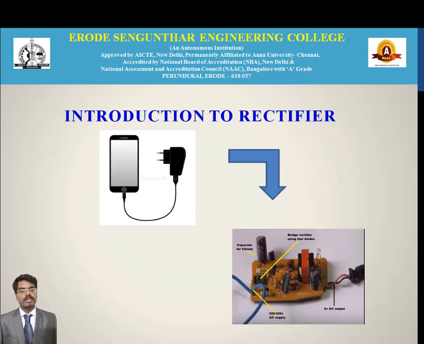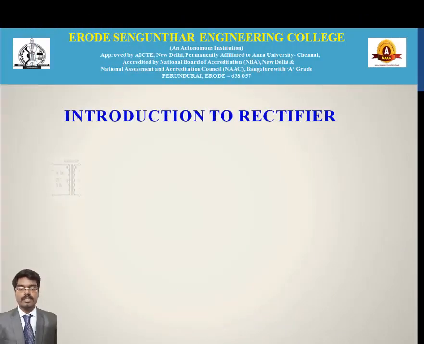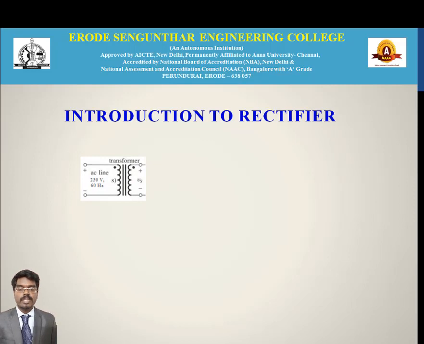On behalf of this, we have to know what is inside the mobile charger. There will be a step down transformer connected to a bridge rectifier. Then it will be connected to a capacitive filter to remove the AC ripples. On coming to the rectification process, the AC line voltage is given as an input to the transformer.